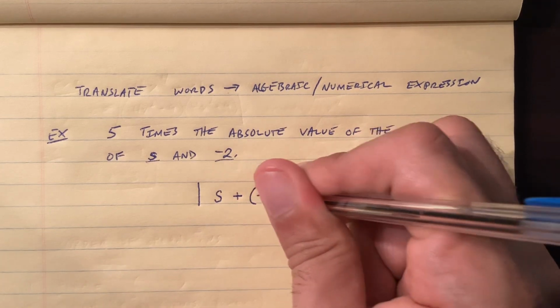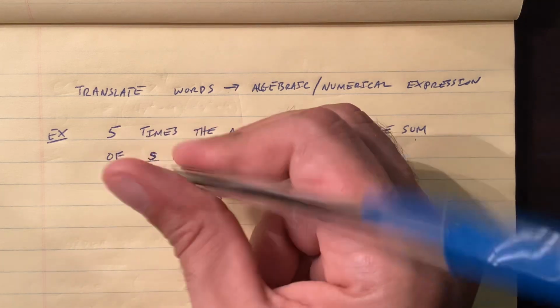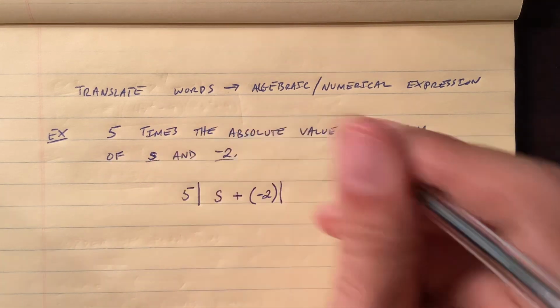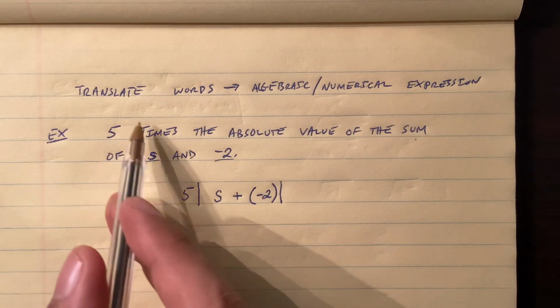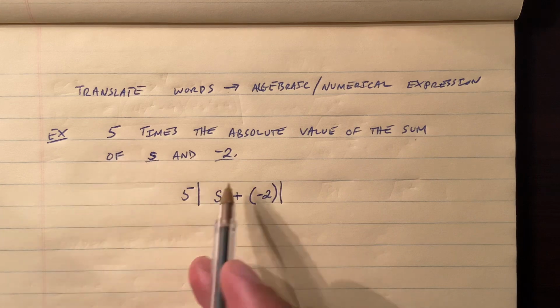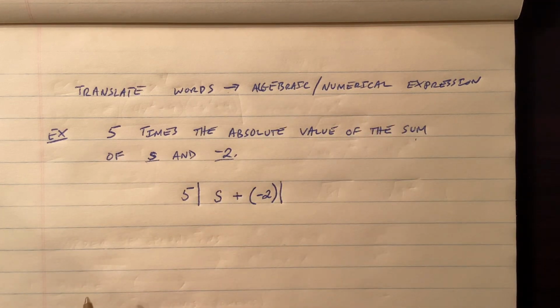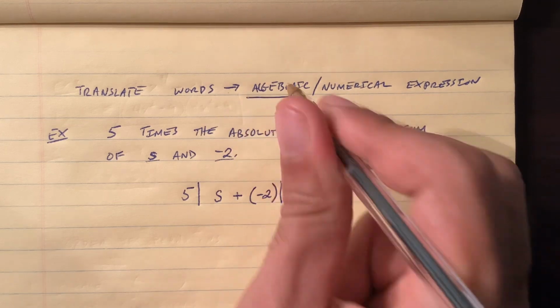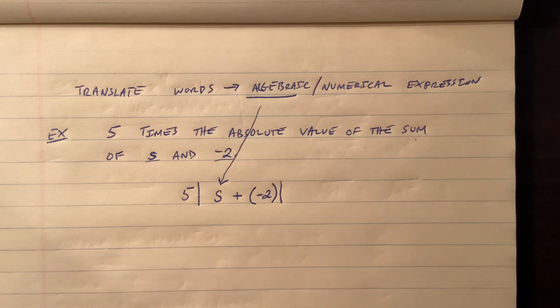So this is how we write this. And then what are we doing with this 5? 5 times the absolute value, so we're multiplying the absolute value. There we have it. We have just translated this phrase of words into an algebraic expression. It's algebraic because we have a variable s. This cannot be simplified further.